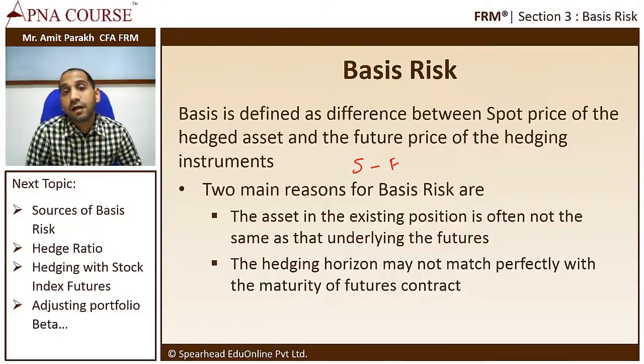One, because the underlying, that means the asset, and the futures with which it has been hedged do not have the same underlying. So let's say I have an exposure to steel and I take a hedging position by way of selling iron ore futures.